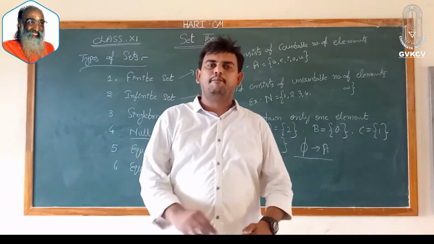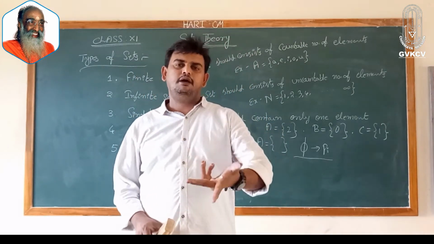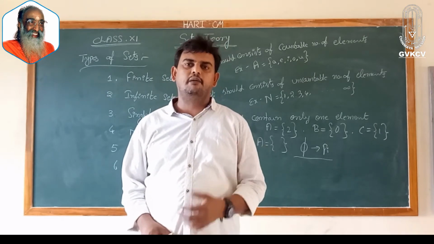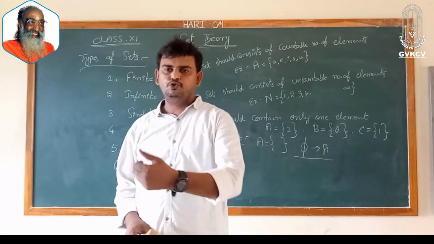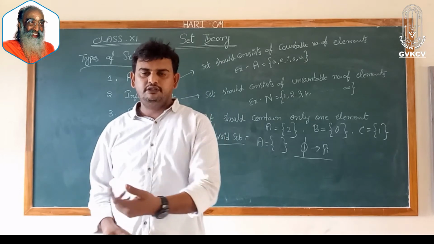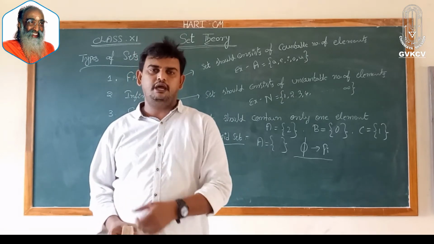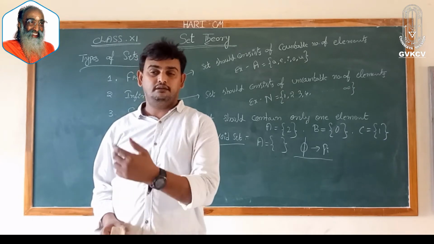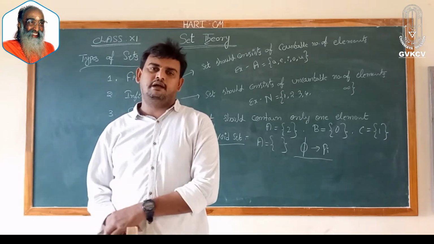Equal means what? Compare. To compare anything, definitely we need minimum two quantities. There are two students. I can compare their marks, their age, their height, their weight, anything I can compare.